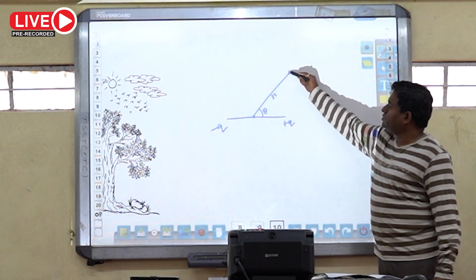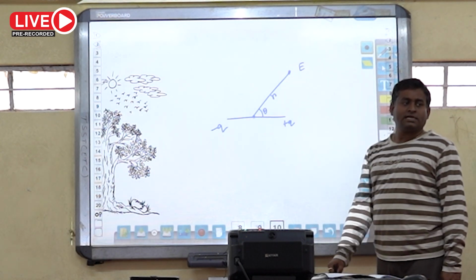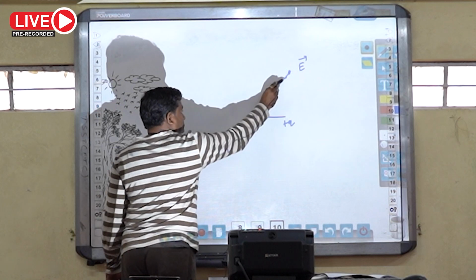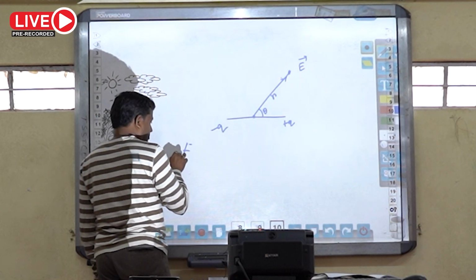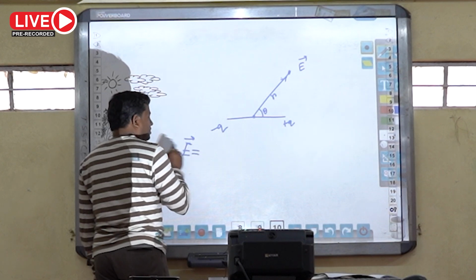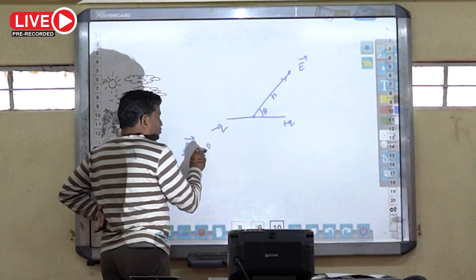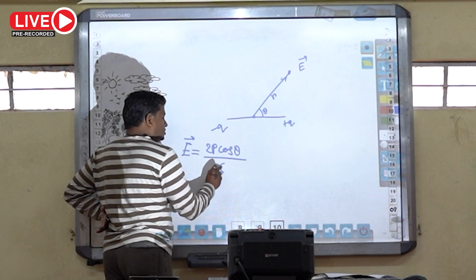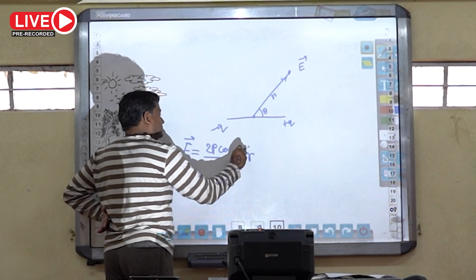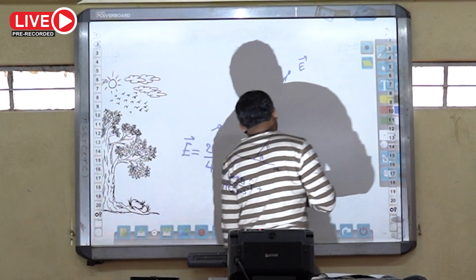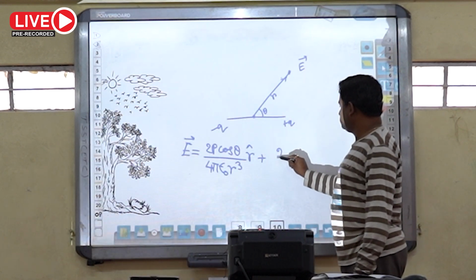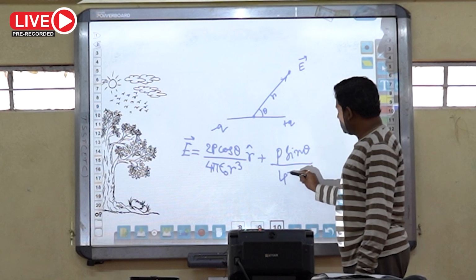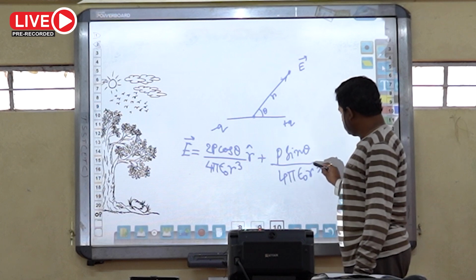So at this point we know if electric field is E, then electric field in the polar coordinate is E equal to 2p cos theta by 4 pi epsilon naught r cube r cap plus p sin theta by 4 pi epsilon naught r cube theta cap.